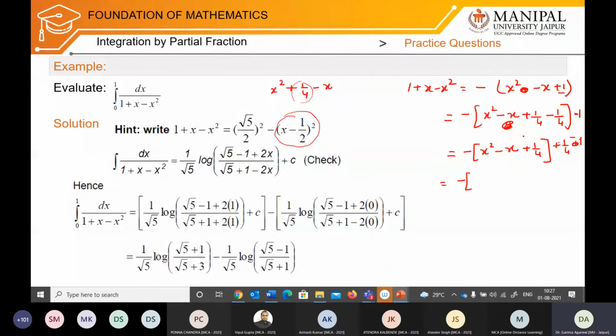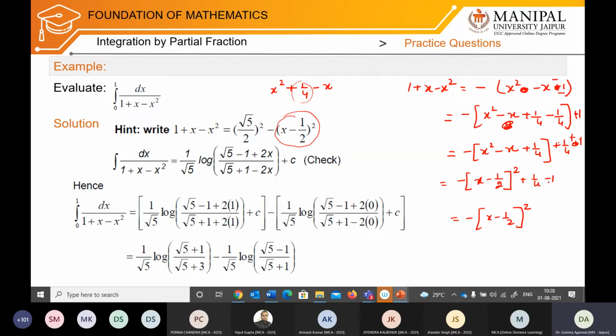Now minus this whole term will convert into x minus 1 by 2 whole square, and after simplifying this 1 by 4 minus 1, that should be minus now.